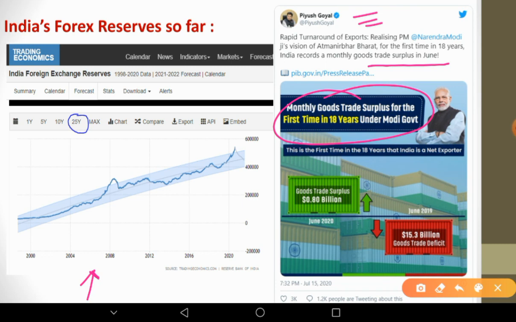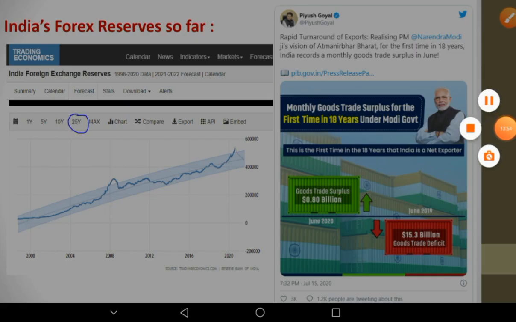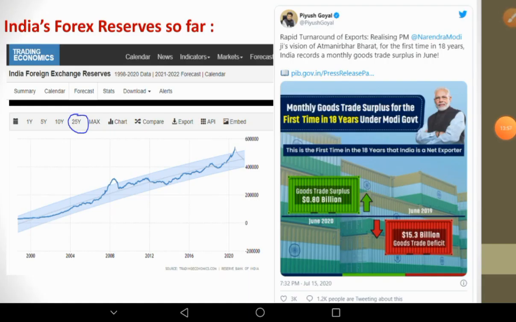What happened was our export as well as import decreased, and the import decrement was more because of the gold import decrement and crude oil decrement, because the demand was very less for gold as well as crude oil due to the lockdown. So that's why we saw a trade surplus of $0.8 billion, more accurately $793 million.